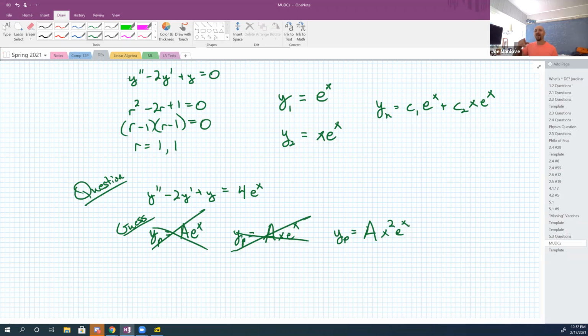Now I haven't gone into it, but there are some other things you can add to the fronts of these. There's a longer video about method of undetermined coefficients that has more of the very specific things. But this is the philosophy. You just make an educated guess. If it overlaps one of the homogeneous solutions, it needs an x on it.